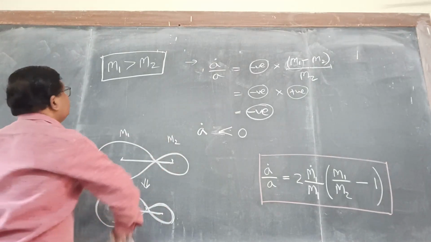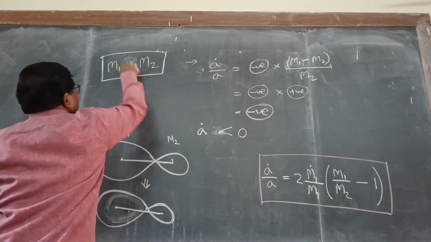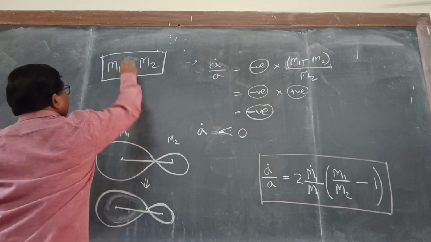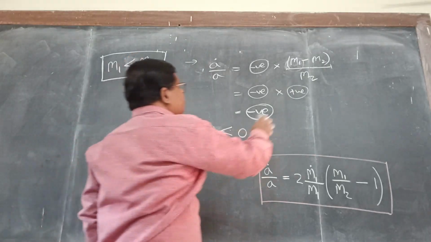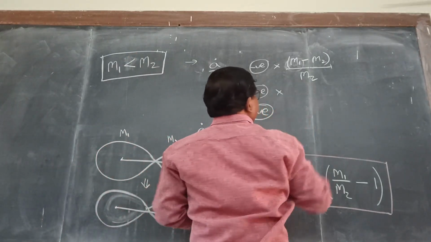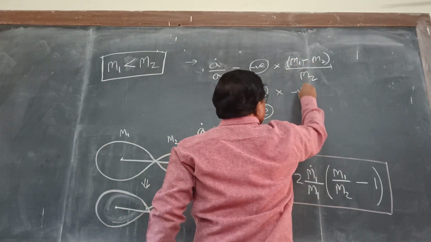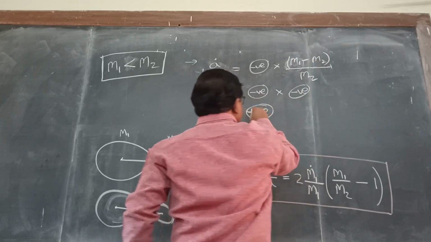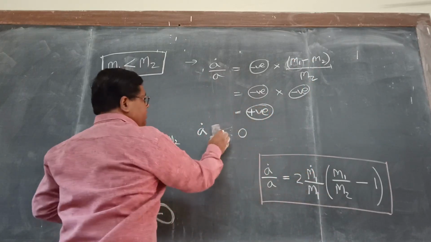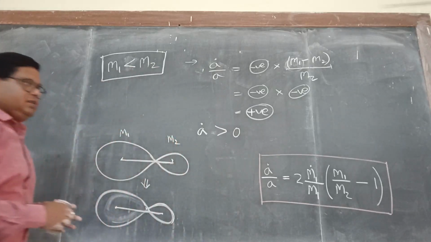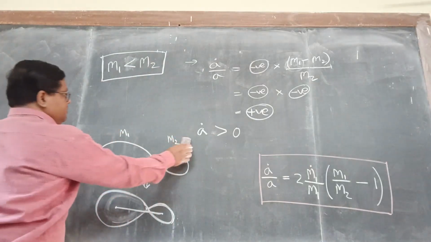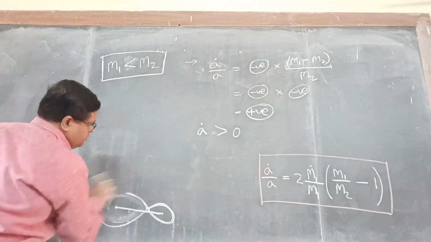Next, if M1 is less than M2, then this will be a negative quantity and this will be a positive quantity. And so, in this case, the radius will expand, right?